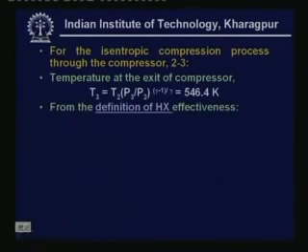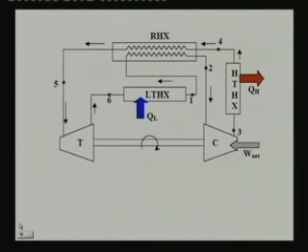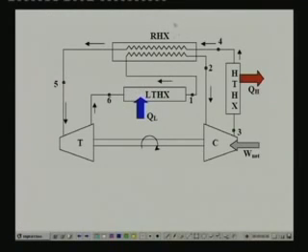Now, we have to find out other temperatures T4, T5 etc. For this, as I told you, we will be using the definition of heat exchanger effectiveness. How do you define that? Let me explain. Here I am talking about the regenerative heat exchanger. You can define effectiveness as Q actual divided by Q maximum.